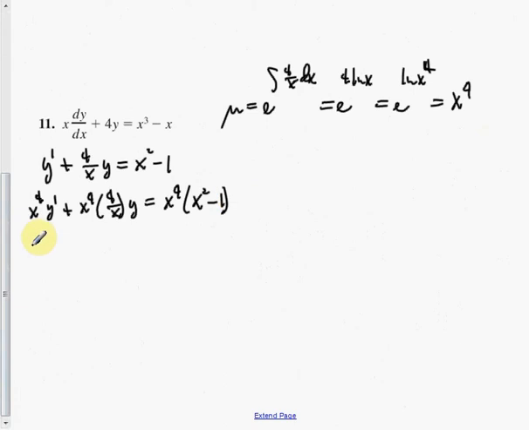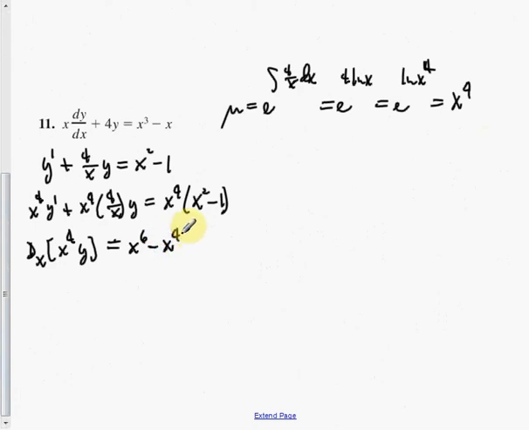The left side is automatically the derivative of the product of the integrating factor, which is x to the 4th, times the dependent variable y. And that's equal to x to the 6th minus x to the 4th.